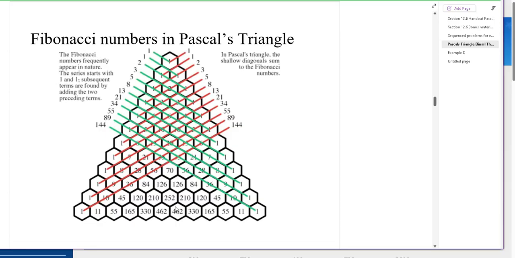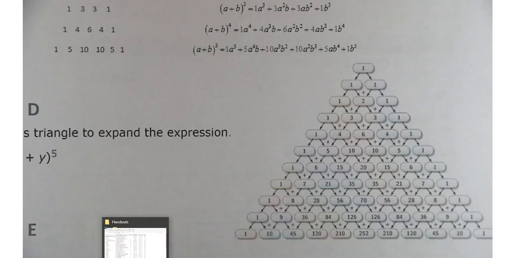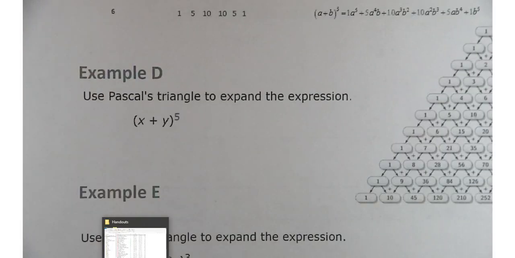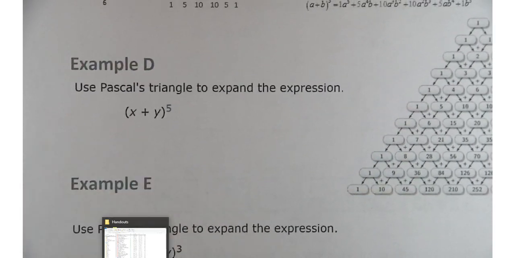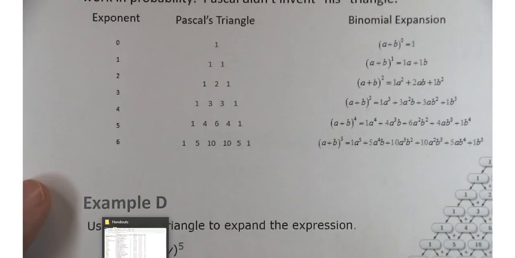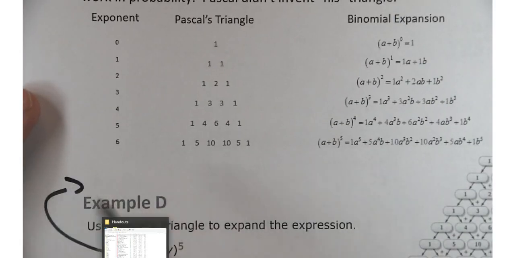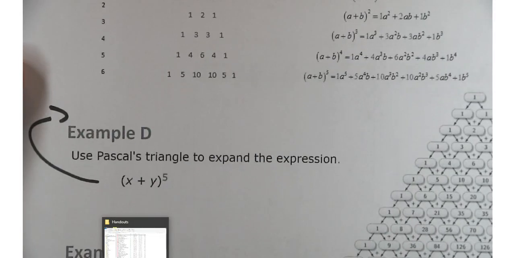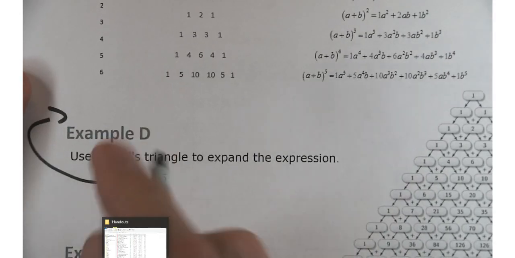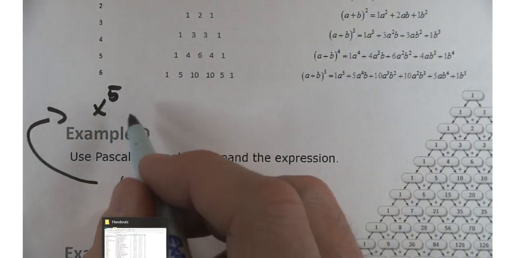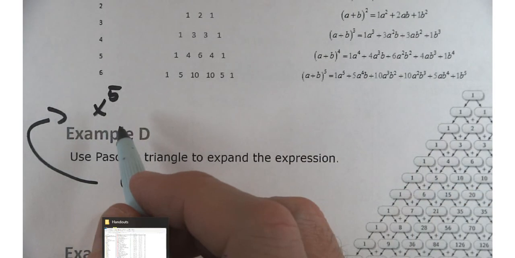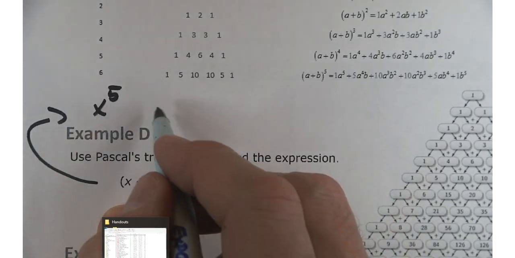But let's actually apply this. So if I wanted to expand this and I didn't want to multiply it by itself 5 times, then I'm going to choose to do this with Pascal's triangle. So let me see. I'm going to do that up here. Now I'm going to start it out with x to the 5th. And then what happens as I move from right to left, or left to right, with the powers of x?